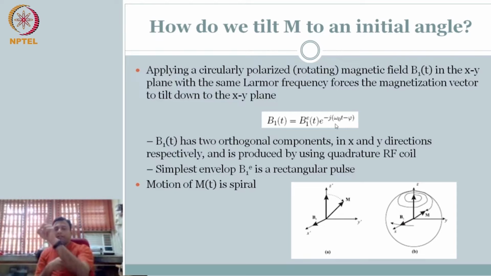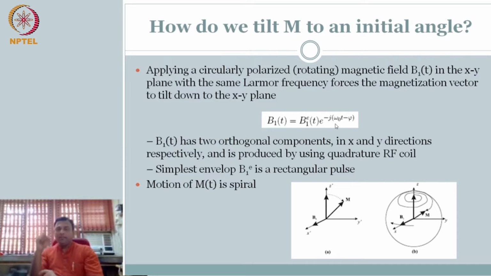I have a vector in Z dash, and I am applying another magnetic field in X dash. So where should the motion of M be? It has to rotate around B1, or rotate around the X dash axis. That means it has to move from Z dash to Y dash, right?